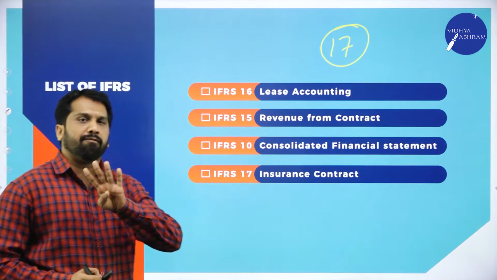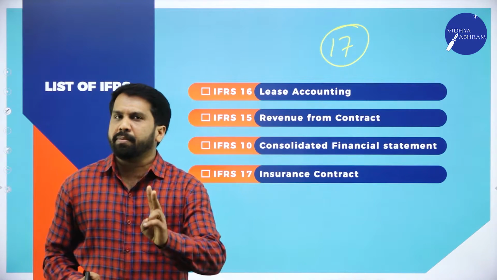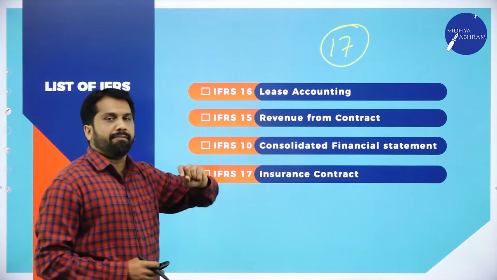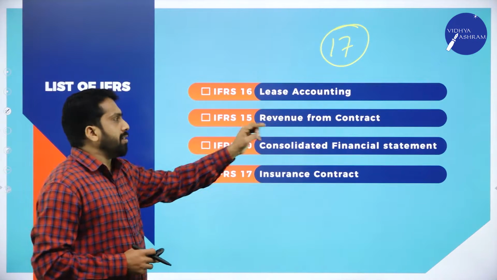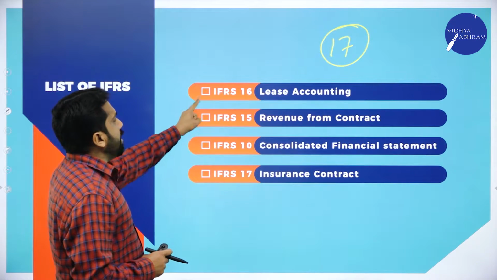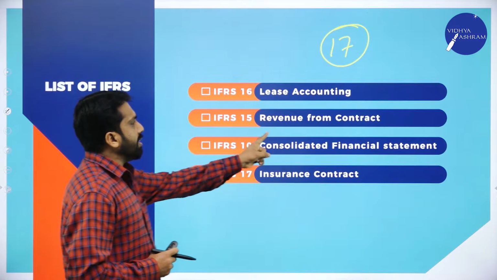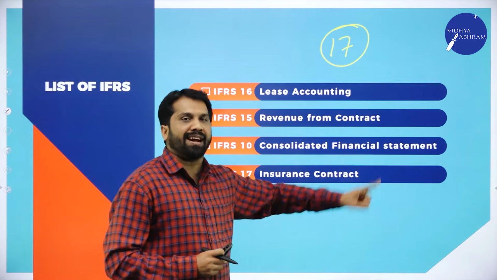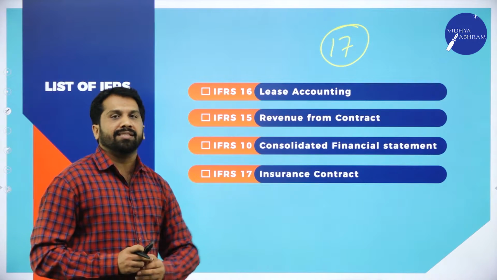I have given you total 4. Out of 4, which one you feel is easy? Remember any 2. While writing your IFRS, remember the numbers should match. You cannot write 16 revenue from contract. It should be IFRS 16 lease accounting, IFRS 15 revenue from contract, IFRS 10 consolidated financial statement, IFRS 17 insurance contract.